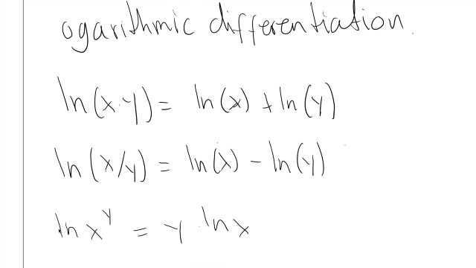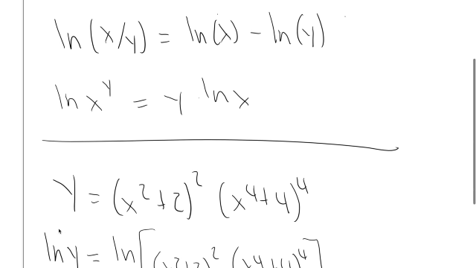The last one, the natural logarithm of x to the power of something, is the same as the something, which in this case was y, multiplied by the logarithm of x. These are the formulas for natural logarithms, and that's all you need at this moment to be able to solve logarithmic differentiations. So let me show you how we approach that.